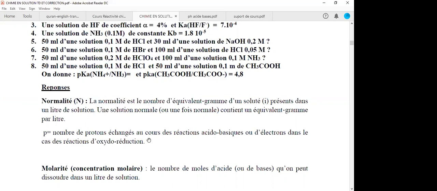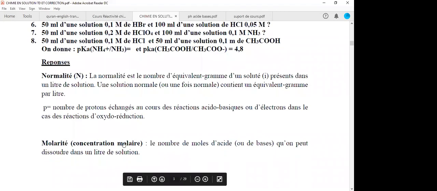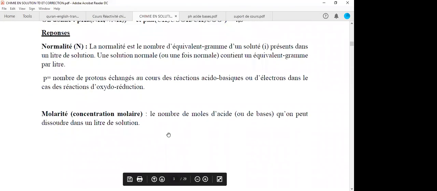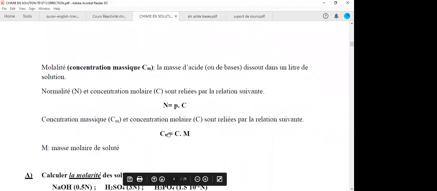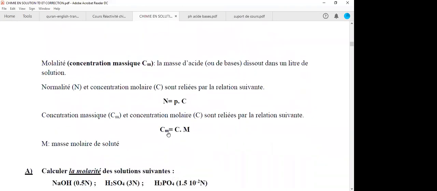So we've got molarity, whose definition you know already. We also have the mass concentration, which is in grams per liter: la masse d'acide ou de base dans un litre de solution.